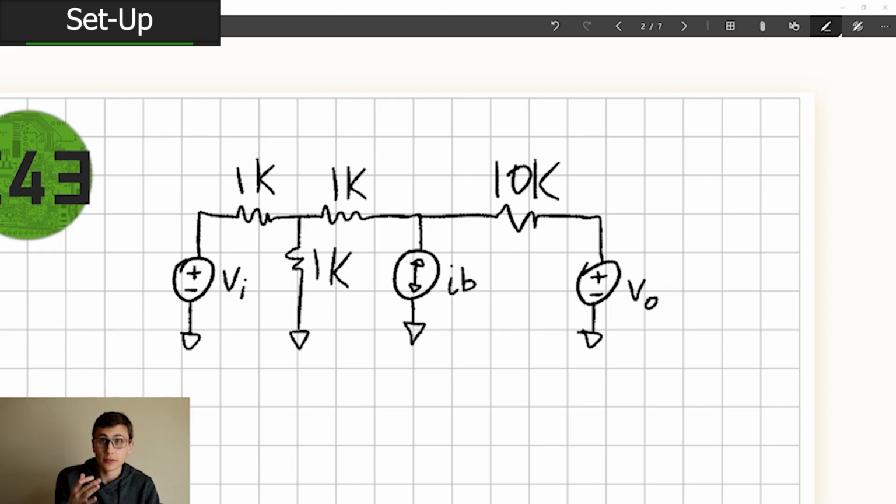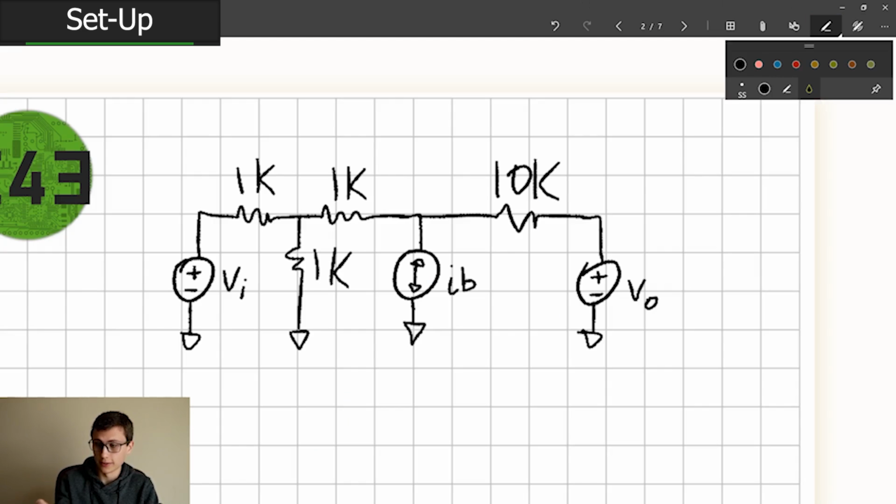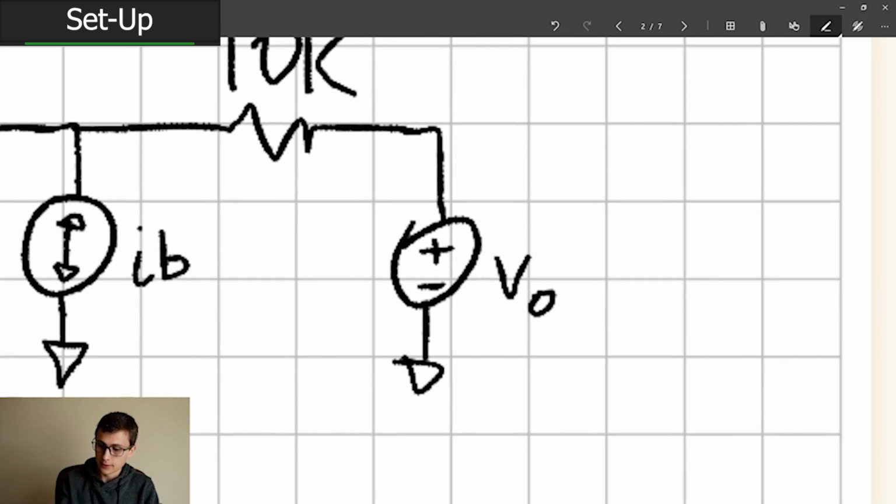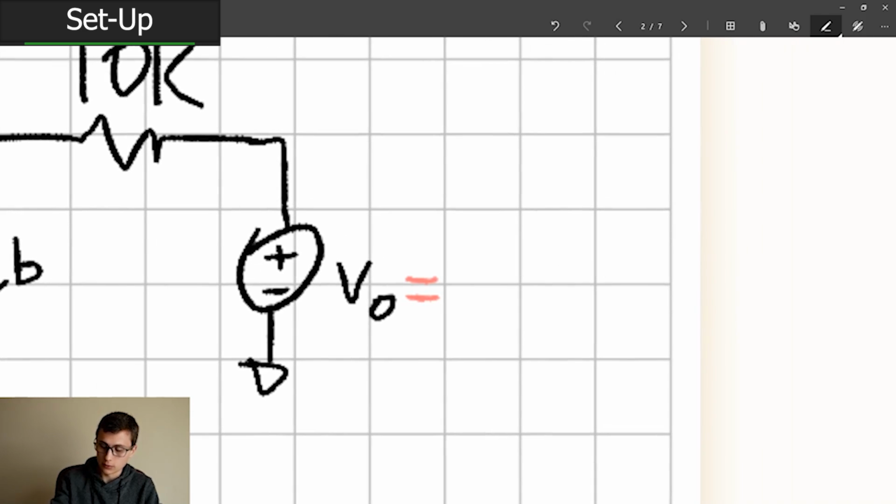I've gone ahead and saved you the trouble of needing to watch me redraw this, but what we need to do is we need to add some numbers to this situation. So V out is going to equal 4.9 volts or 0.1 volts, depending on the state.